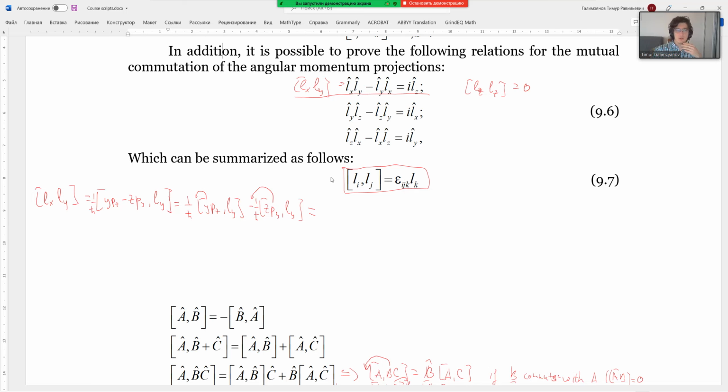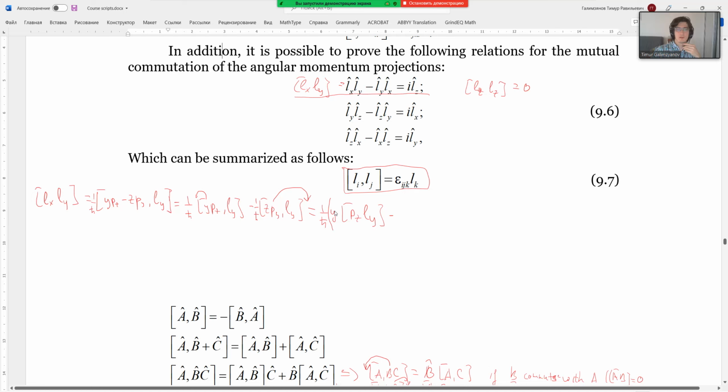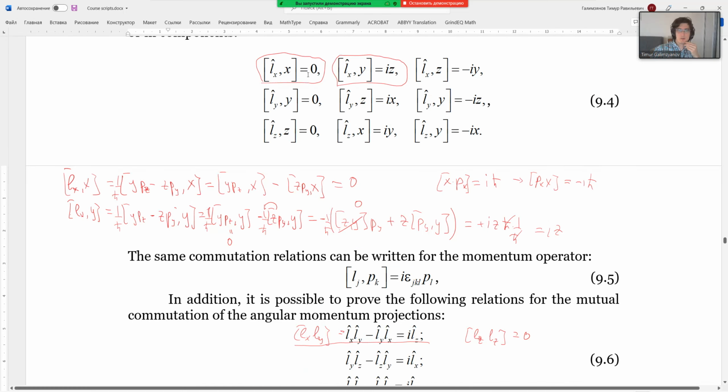We can put it here and write down 1 over h bar, Ly Pz Ly, minus, let's do that, Py, oh sorry, Py should go here, Lz Ly Py. Okay, Lz Ly. Let's check what is Lz Ly.